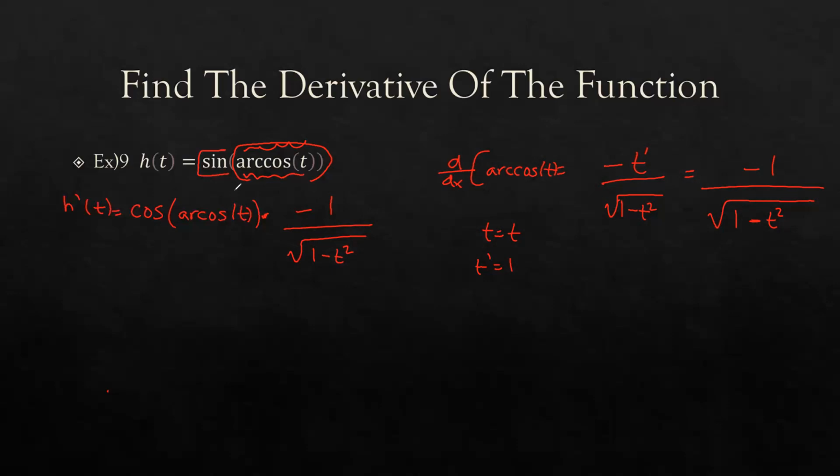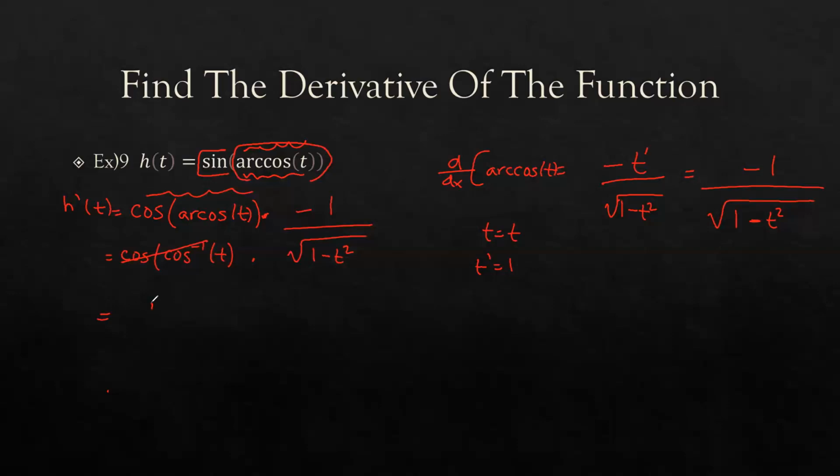Now, do you see anything special about this? Remember, we said that arc is the same thing as cosine inverse. So you can think of it as cosine inverse of t. Now, what happens when you multiply cosine and a cosine inverse? It cancels.